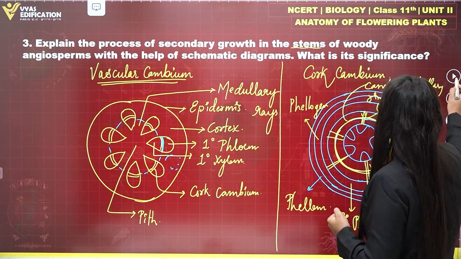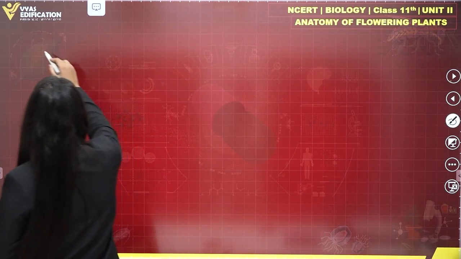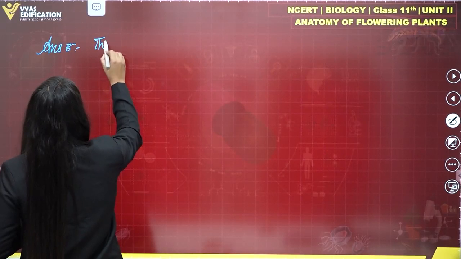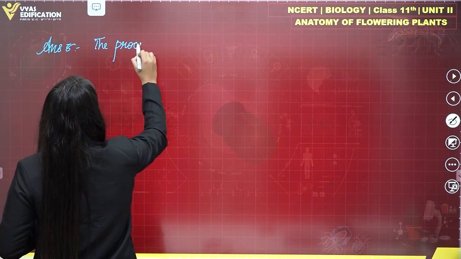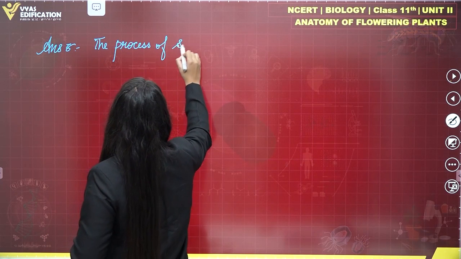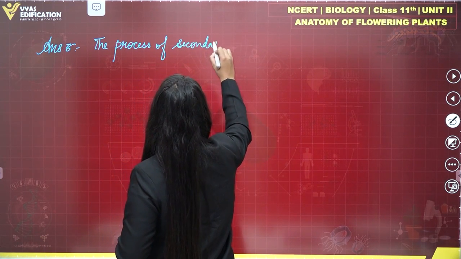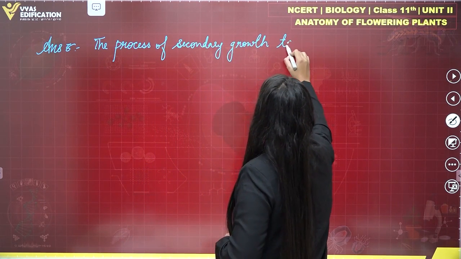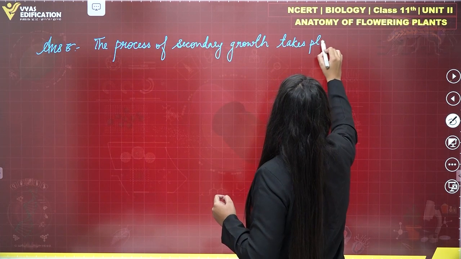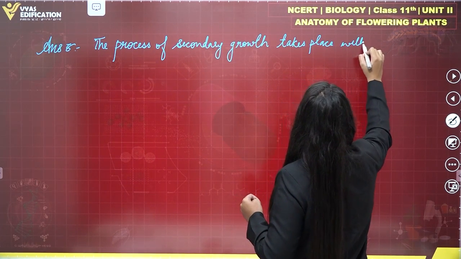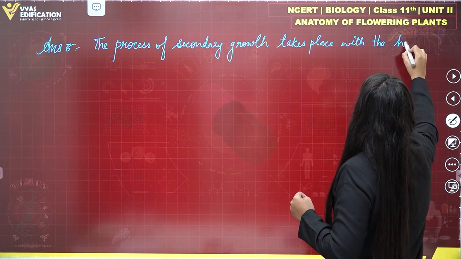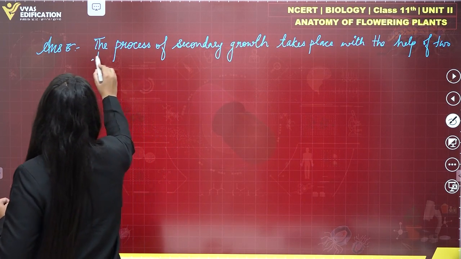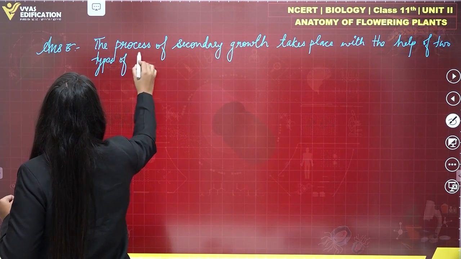Now let's write the answer for this question. We are writing like this. Answer number 3. The process of secondary growth takes place with the help of two types of cambia.